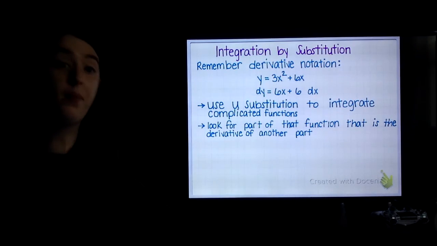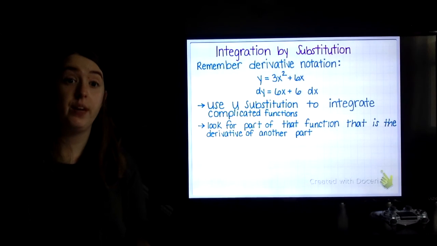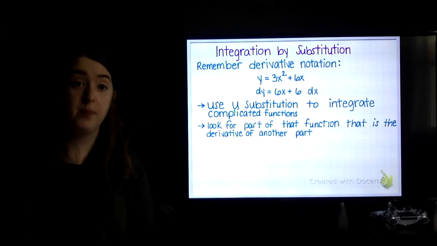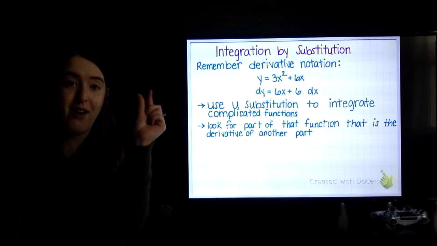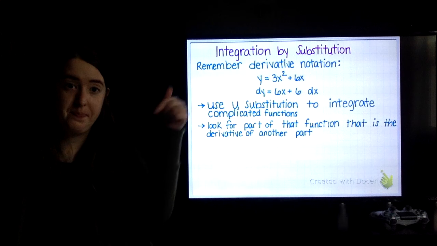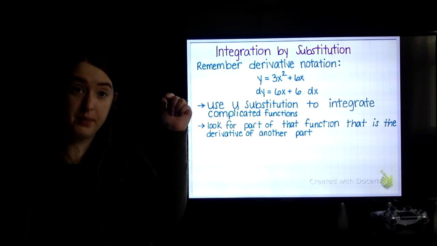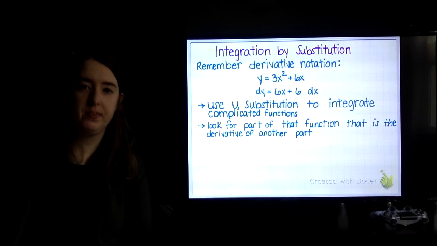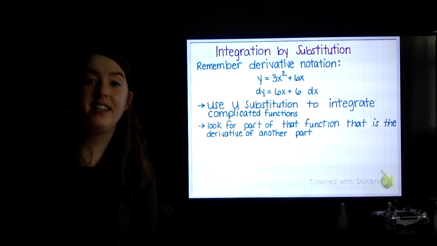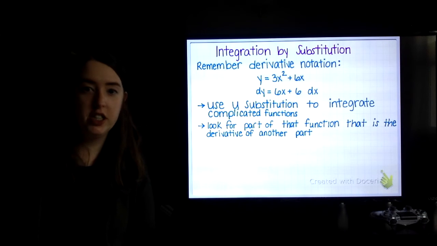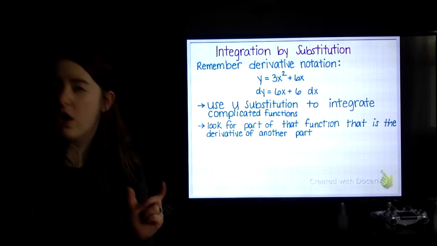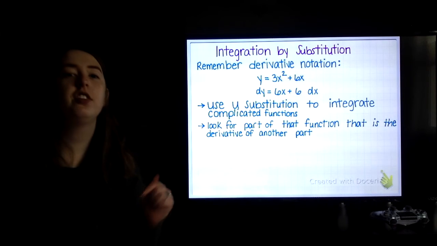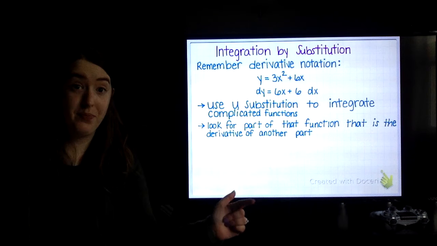In a little bit, that's going to help us when we're solving those integration problems, because remember how there's that dx at the end of our integration problems? That's what we're going to use. We're going to use these to integrate really complicated functions, and here's what you want to look for: a part of the function that's the derivative of another part.